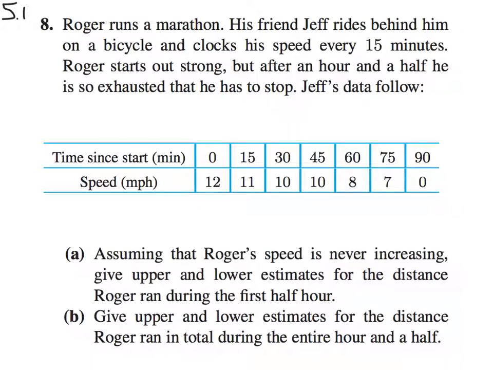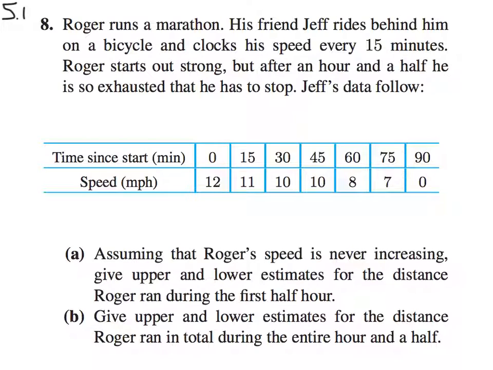Roger runs a marathon. His friend Jerry rides behind him on a bicycle and clocks his speed every 15 minutes. So now we have 15 minutes instead of every 5 minutes as in our first example. Roger starts out strong, but after an hour and a half he's so exhausted he has to stop. Jeff's data follow. So here's the table with the data that Jeff measured.